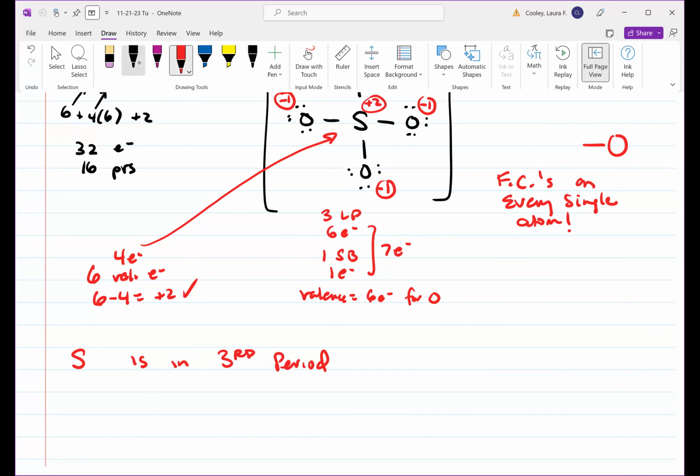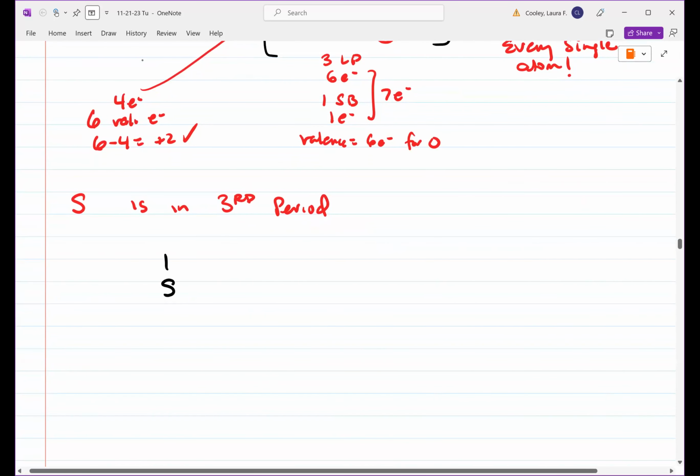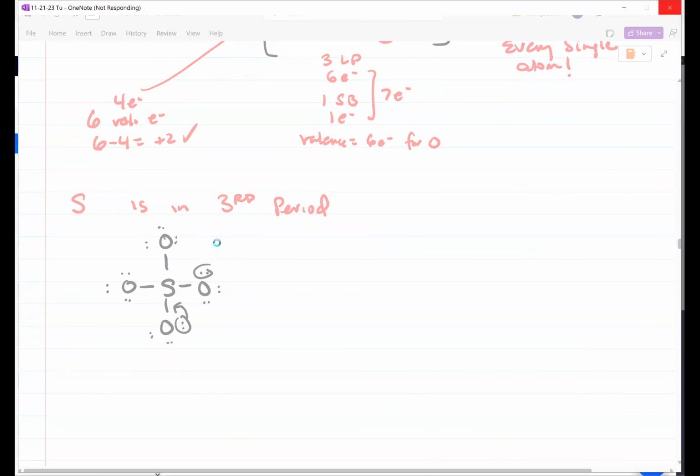So I'm going to show you now what the accepted Lewis structure is for the sulfate, SO4, ion. Let's just start with what we had. If I make a double bond there, and another double bond, well, actually, I'll do it on top.